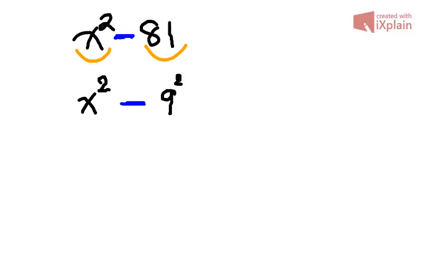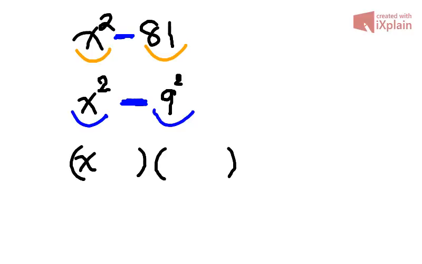So again, this is the difference. That's how we're going to identify this type of quadratic expression of 2 perfect squares. So we are also going to have to factorize it with 2 sets of brackets. The first condition to satisfy is that x times x will give us x squared.